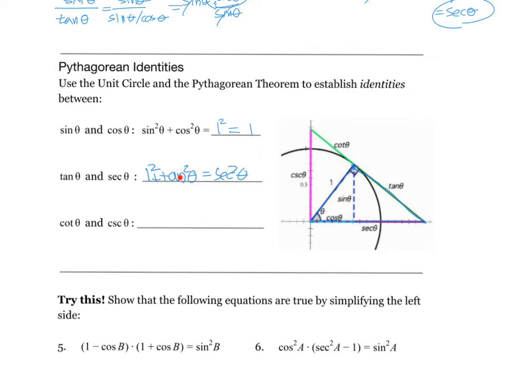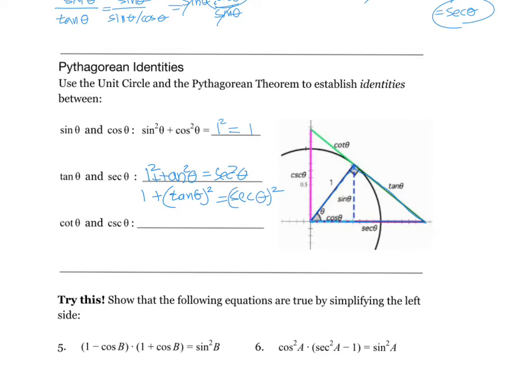If I say tan, that's the name of the function, squared of theta, that really means, and I'll rewrite this in that form. So 1 squared is 1 plus tangent theta all squared equals secant theta all squared.